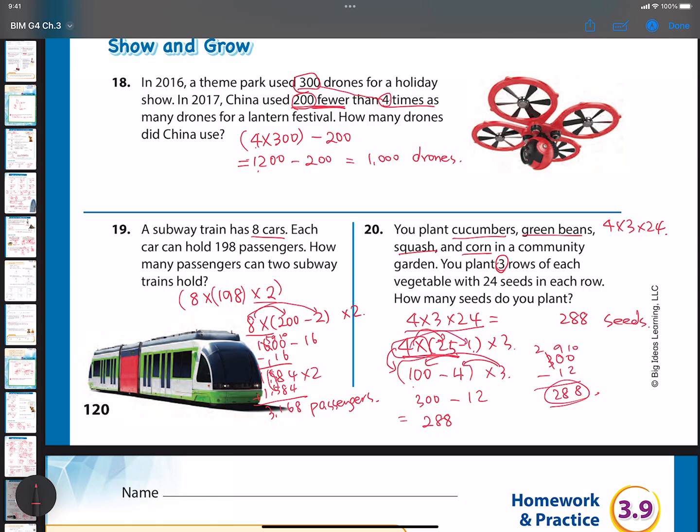And then take away 1, and then you have to multiply 3 of them. And that means what? You can still distribute these 3 times here. Okay, 100 take away 3 times 4, which is 12, 288. Maybe in the class I can show you the other way. Okay, it depends. All right.